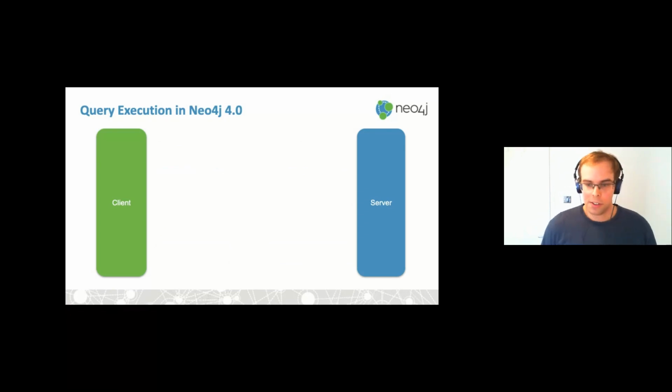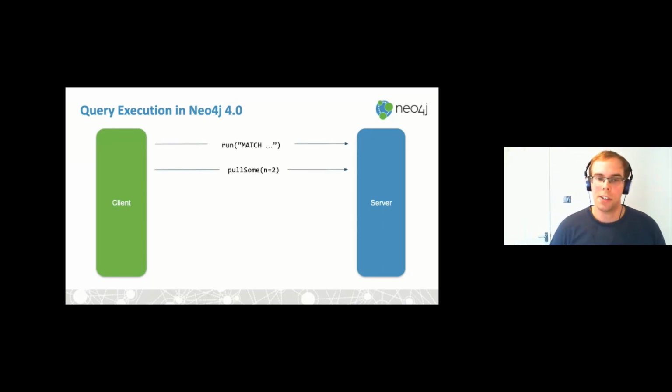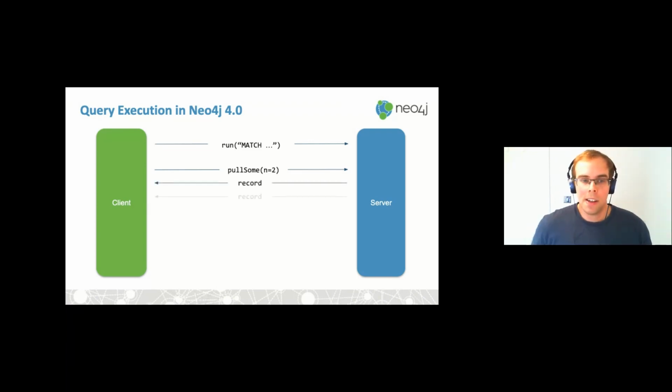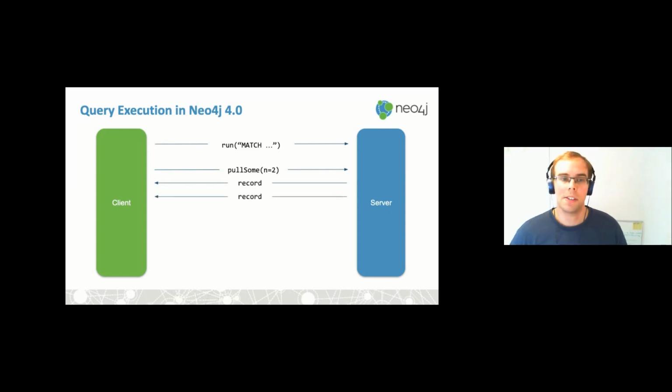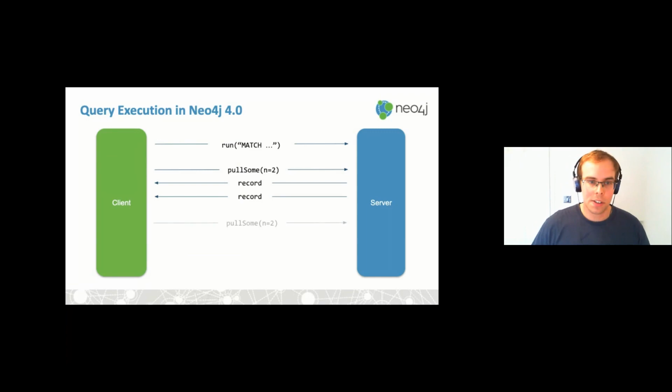That brings us on to how query execution works now in 4.0. Again, we have our Cypher statement, which we want to execute against our server to achieve our results. This time we can specify the number of records that we want to receive. Here we're asking the server to give us 2 records from that query, and the server obliges and sends back a couple of records. Now the client can take its own time processing those records, and when it's ready, it can request some more.